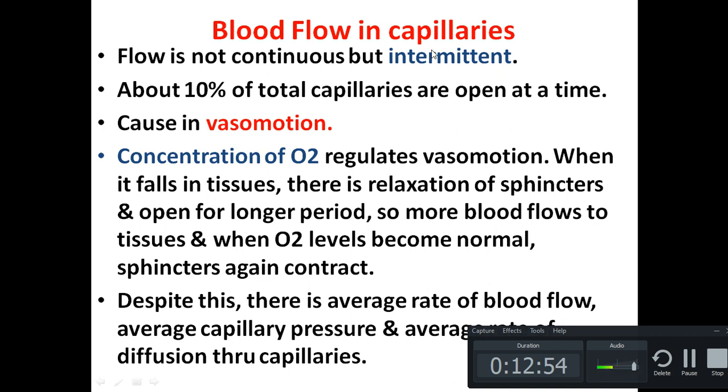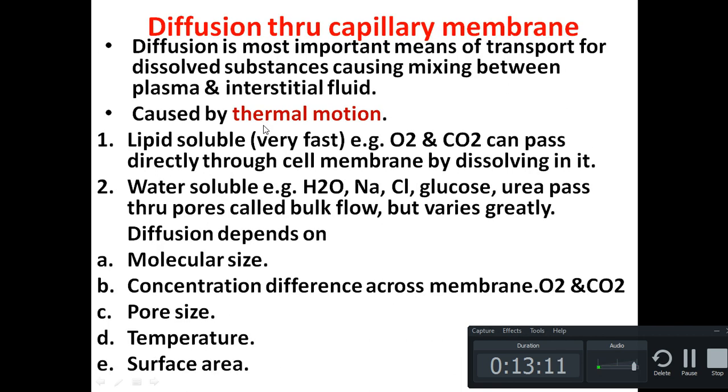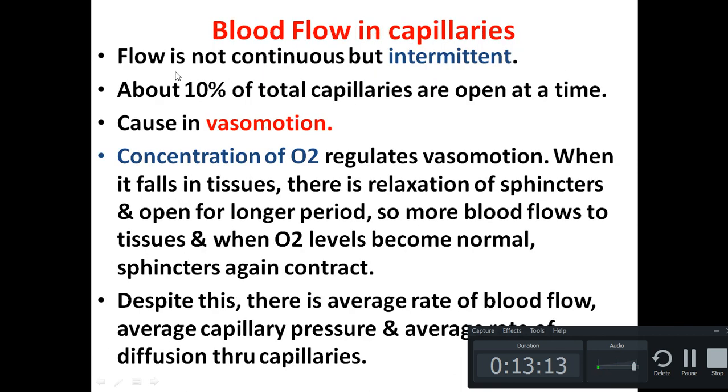Now blood flow in the capillaries is not always continuous, but rather it is intermittent. This intermittent flow depends upon a phenomenon which is called vasomotion. In vasomotion, about 10% of the total capillaries in any tissue are open at any given time.